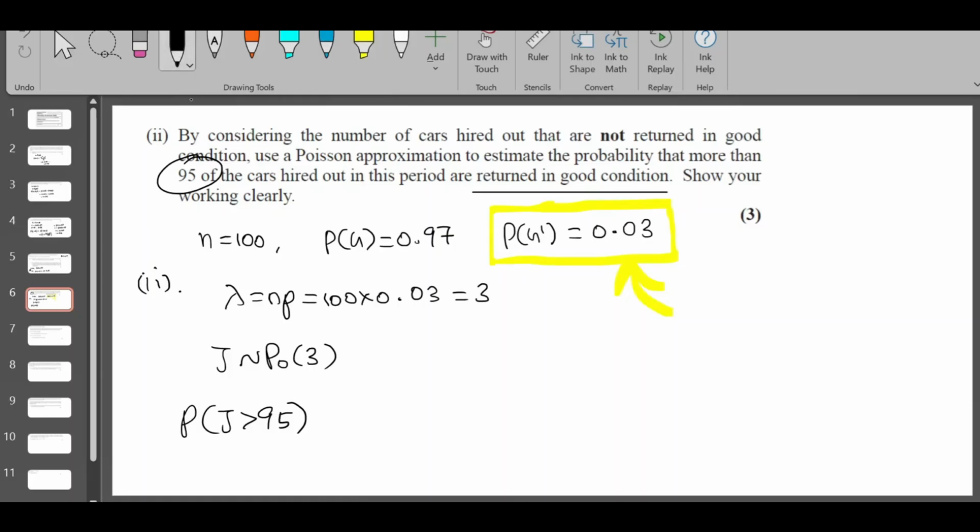If more than 94 cars are returned in good condition, the cars not returned in good condition will be 4 or less than 4. Because if, say, 96 cars are returned in good condition, then 4 are not returned in good condition. So we just take the table value for lambda equal to 3, x is 4.